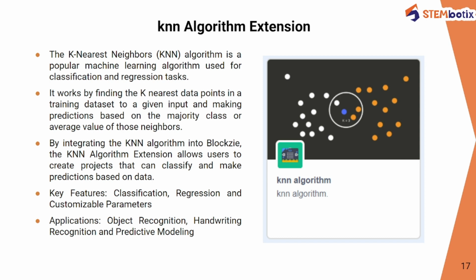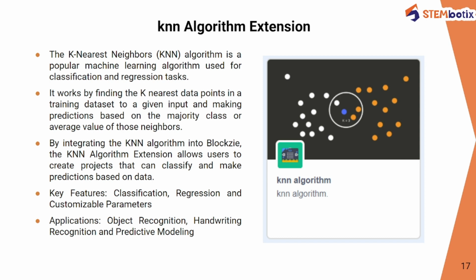It works by finding the K nearest data points in a training data set to a given input. It finds the K nearest data points in the given training data set and makes a prediction based on the majority class or average value of those nearest neighbors.